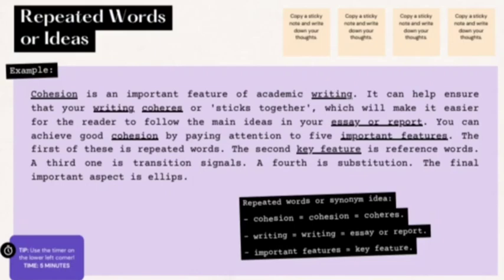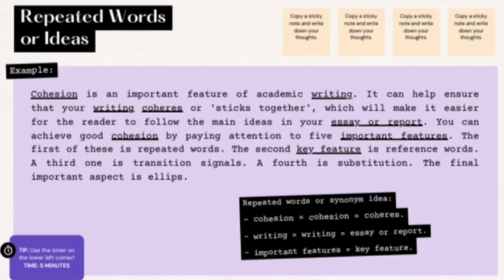Repeat words or ideas. Example. Cohesion is an important feature of academic writing. It can help ensure that your writing coheres or sticks together, which will make it easier for the reader to follow the main idea in your essay or report. You can achieve good cohesion by paying attention to 5 important features.